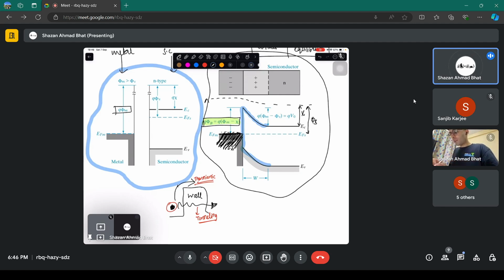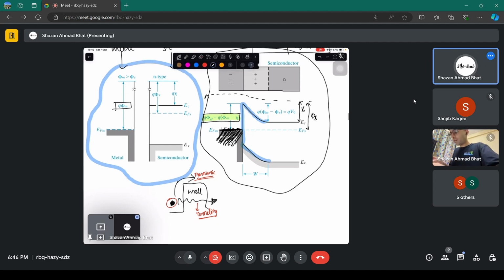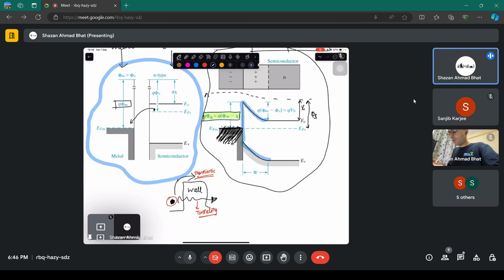When the electron goes from the higher Fermi level to the lower Fermi level, this goes up because now more electrons are present in the metallic system, so that difference gets reflected in this barrier. It raises the barrier by the amount of the difference between the work function of the metal and the electron affinity of the semiconductor.